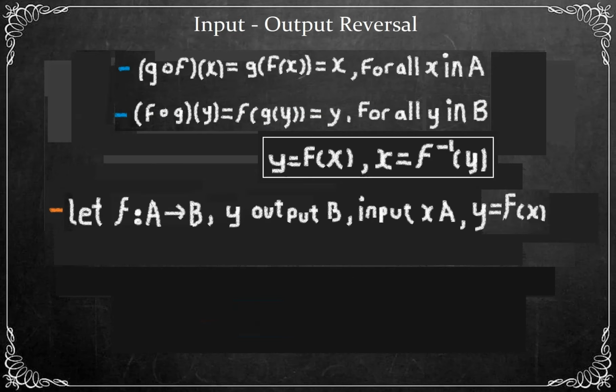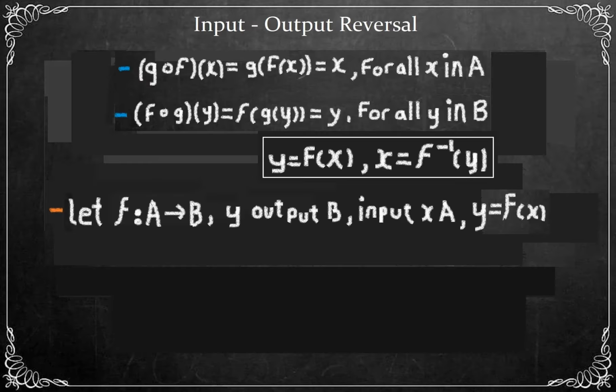Let's do a proof. All we want to do, show the white box, which is the relationship y equals f of x is equivalent to the relationship x equals f inverse of y. Sound good? If so, start by letting f, where set A maps to set B, be an invertible function, and let y be an output in B corresponding to an input x in A, so that y equals f of x.